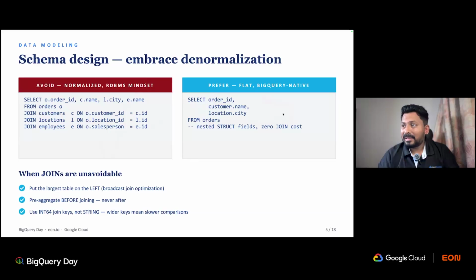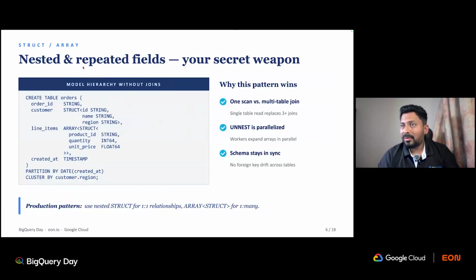Okay, and the second thing, when we talk about schema design, is nested and repeated fields. These are usually traditional database habits. The common pattern is migrating the normalized schema into BigQuery, but that is not going to work. Because it is one scan versus a multiple-table join, a single table read replaces a triple join.